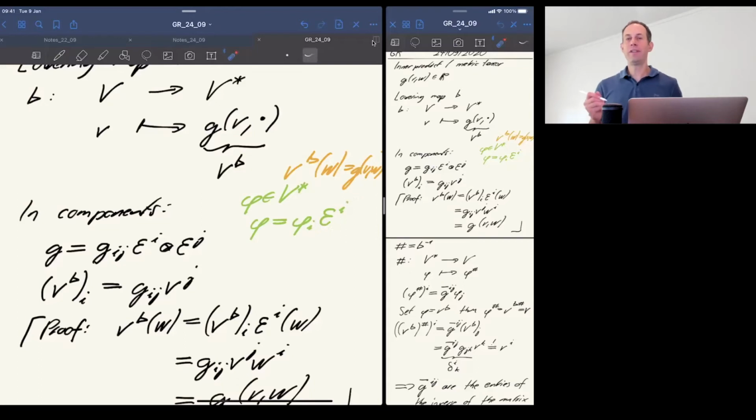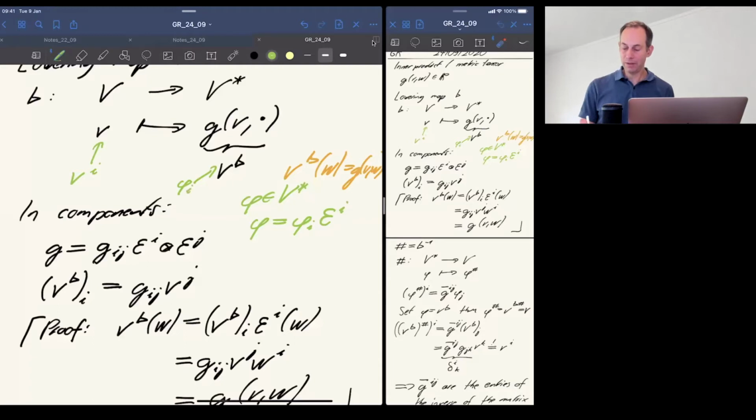But the reason one calls it lowering is that usually when you work with these objects, you just fix the basis. You may fix different bases, but you say, now I do everything in this basis, and then you are talking about these objects. So on the left-hand side, you would describe the object V by giving the components V^i, and you describe the object you get here, namely the phi, by giving the components phi_i downstairs.